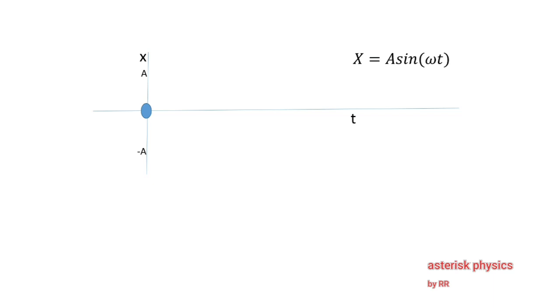Now the equation of simple harmonic motion is x is equal to A sine omega t, and we are going to plot this. The shape of the graph will be an S wave. As it moves, the position changes, and if we plot all those points and connect them using a smooth curve, it will be an S wave. So that plot of displacement with time is an S curve.